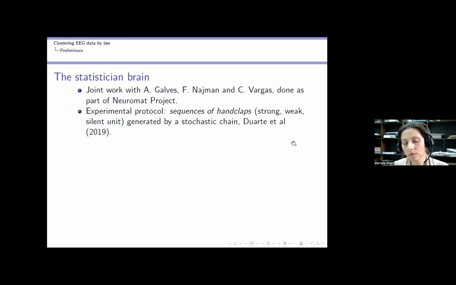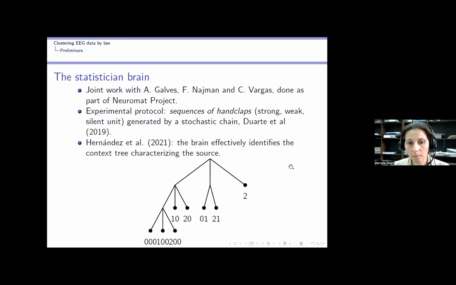We are going to continue working with the same experimental protocol presented in the previous work, where we have a sequence of hand claps that presented a strong or a weak beat or a silent unit that are generated by a stochastic chain. This was analyzed by Alini and also in Hernandez et al.